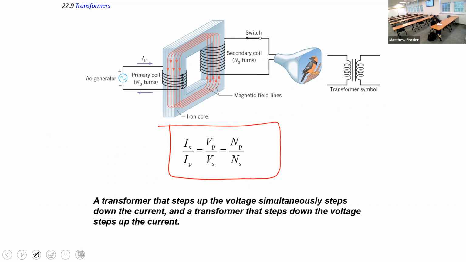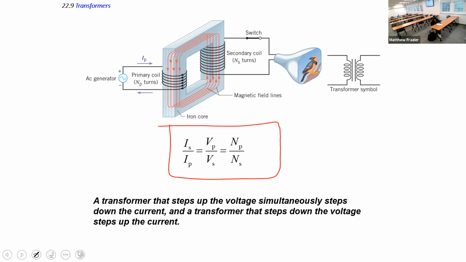So the idea is that a transformer transforms your system, say from high voltage and low current to low voltage and high current. That's the whole point of it being called a transformer. It does this transformation such that the power is constant. It's just whatever you put into the system minus the losses.